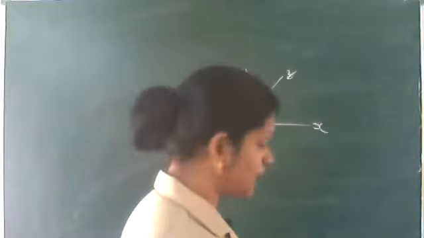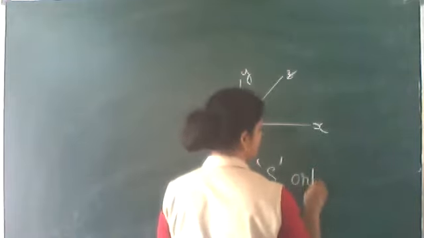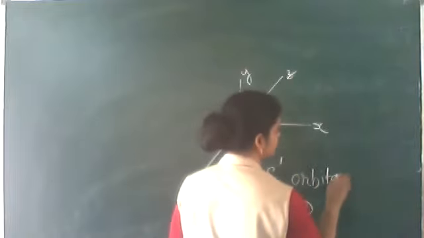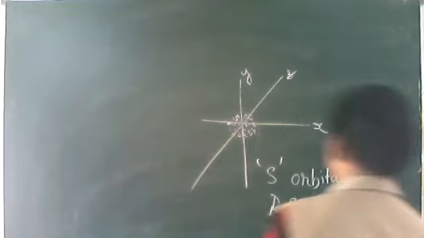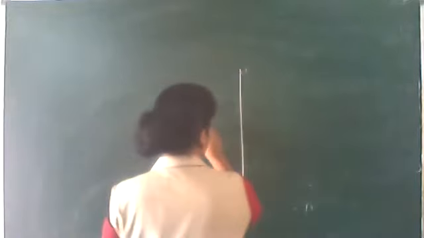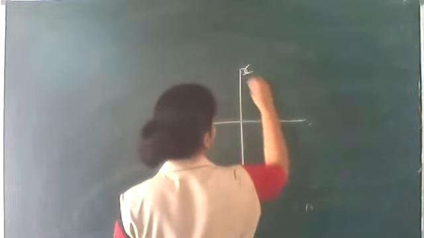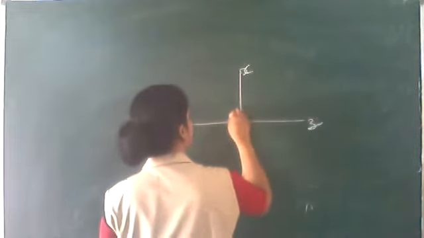This is S orbital. Boundary surface diagram for S orbital. Now for boundary surface diagram for P orbital, you have to put only the dots. Put the dots and show the shape, that's all. If it is for Px, I'll be showing like this.